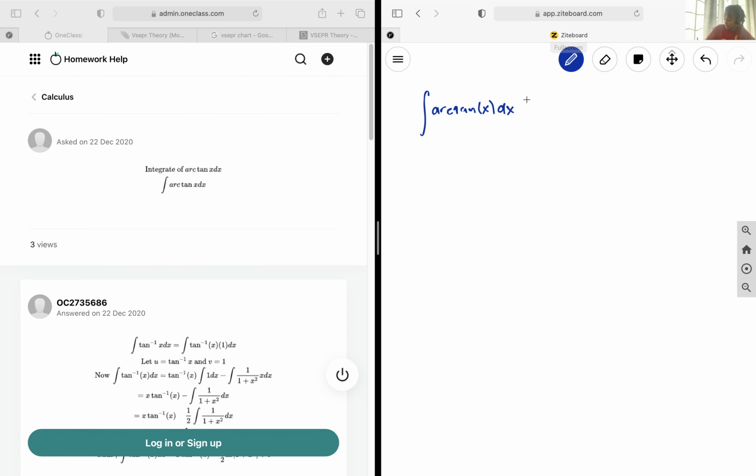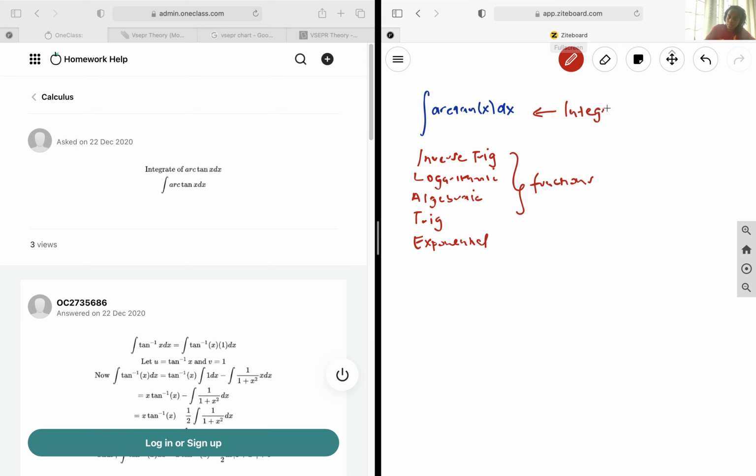And so again, just remember the acronym that we have here of inverse trig, logarithmic, algebraic, trig functions, and exponential. And these are all functions. And that is because we will be solving this by integrating by parts. So this will help in the choice of u.